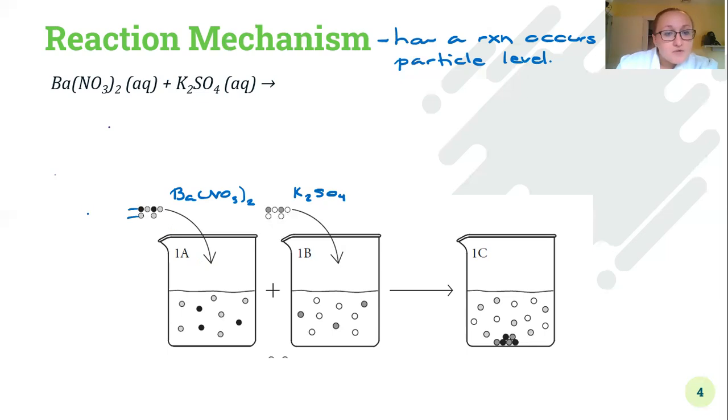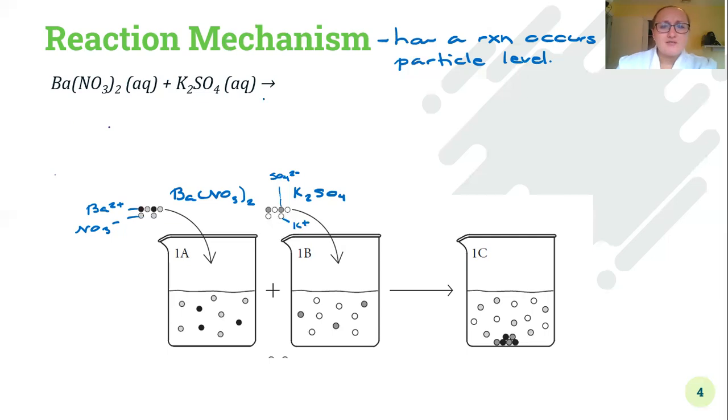Our barium is going to be represented by the black dots, and our nitrate by the light gray dots. The reason being that there are two gray dots for every one black dot, just like there are two nitrates for every one barium. And the same applies over here. This gray dot is going to be our sulfate, and this gray dot is going to be our potassium.